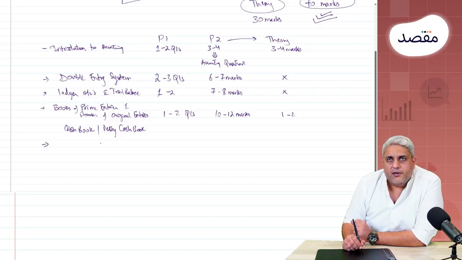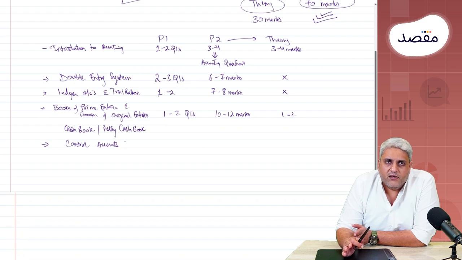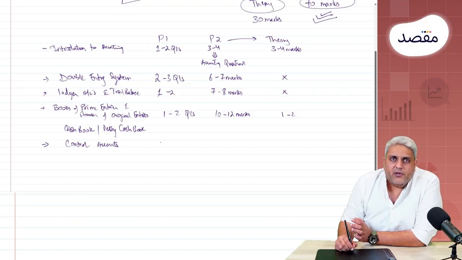Forward, let's just look at some easy topics. Control accounts. हम कंट्रोल अकाउंट्स में ये सोचते हैं कि हम रट्टा लगा लेंगे. We'd learn control accounts, SLCA, PLCA, how it goes by, maybe 2 to 3 questions.